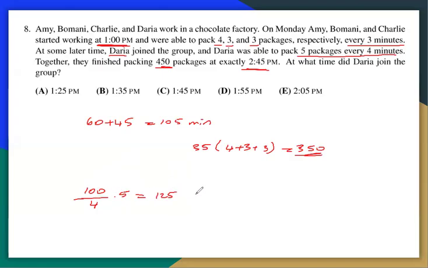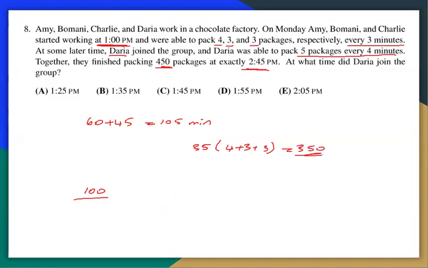So this is the minutes that we need to go back from 2:45. Let me say one second. Actually no, I should have 5 packages. Oh, 100 packages should be done. Okay, I did this part wrong.